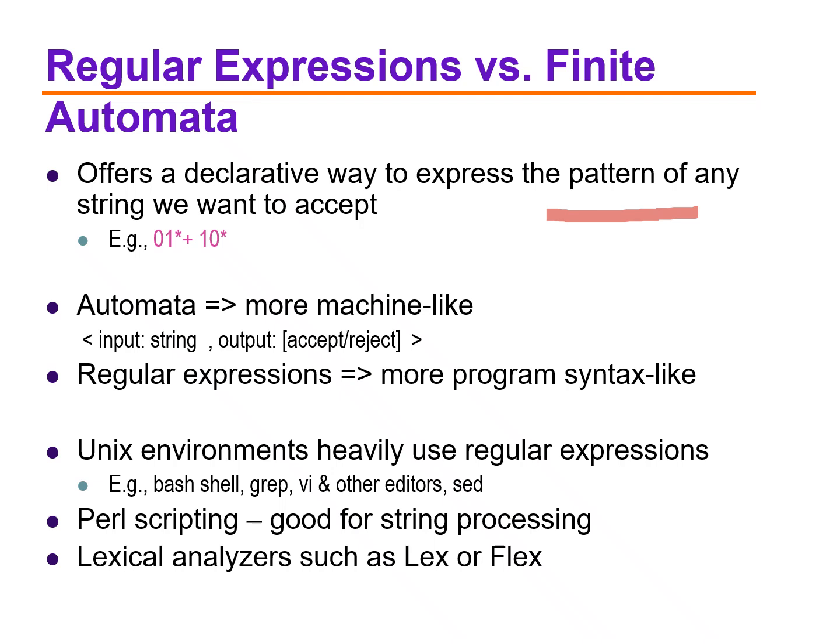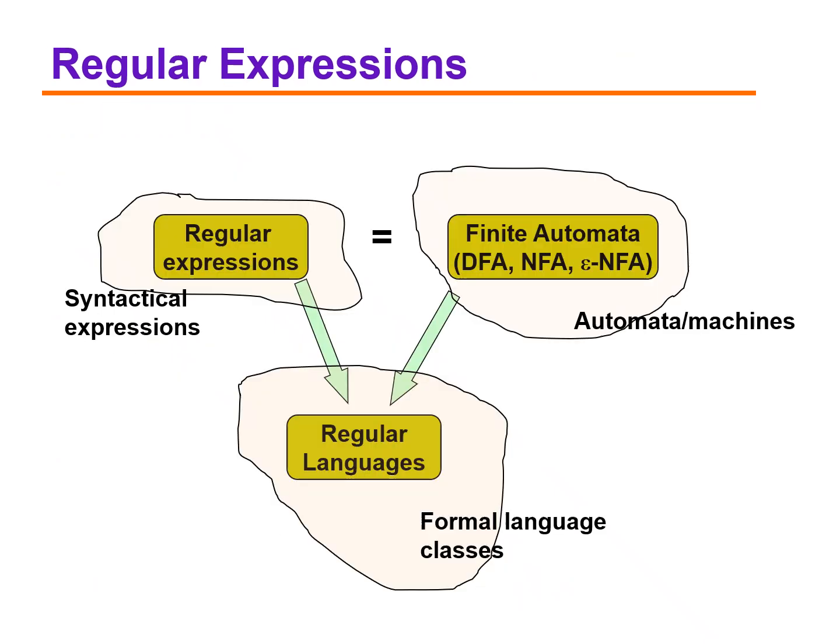So there are many places where these can be used. Unix environments heavily use regular expressions, and also Perl scripting and lexical analyzers, an automated tool for creating a lexical analyzer, lex or flex, which uses regular expressions heavily. So this is the relationship between regular expressions, finite automata and regular languages.